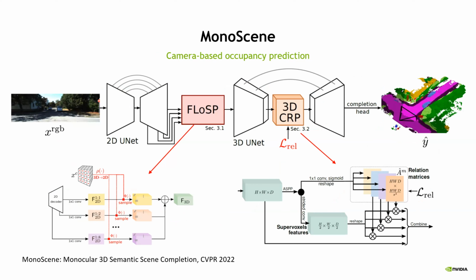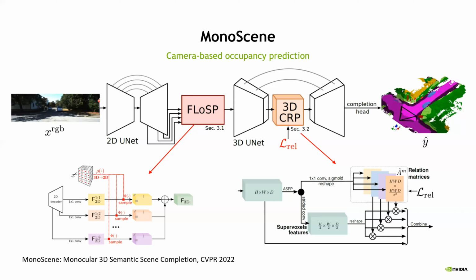For example, MonoScene is one of the very early works that start to address camera-based semantic scene completion using neural networks. Basically this module is also a 2D to 3D view transformation module, very similar to orthographic feature transform, but in a multi-scale manner.